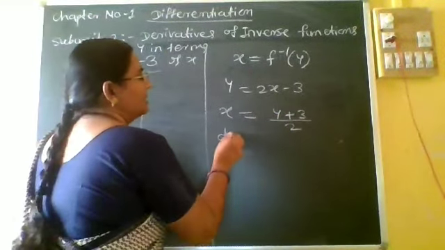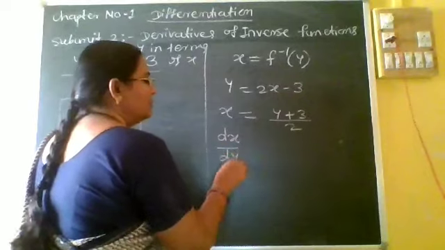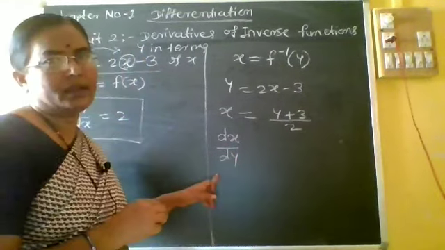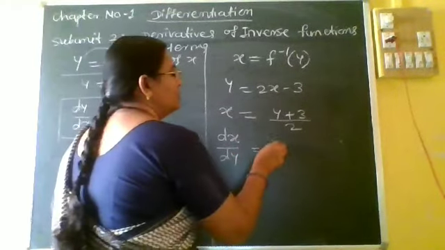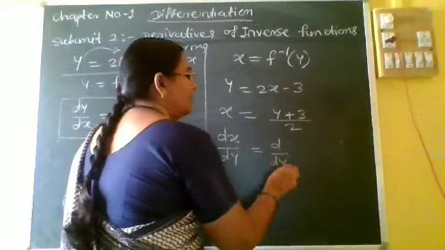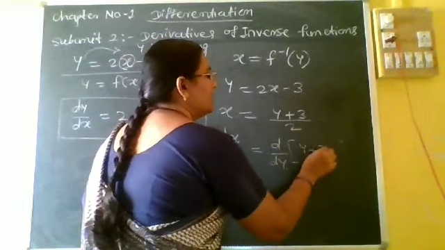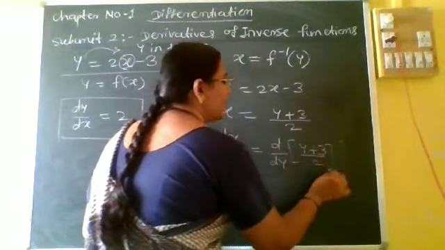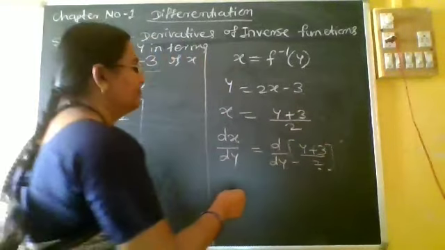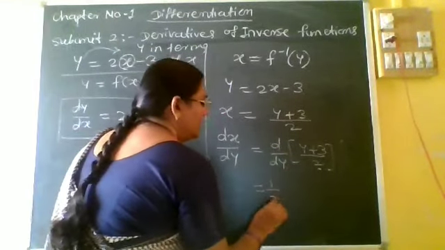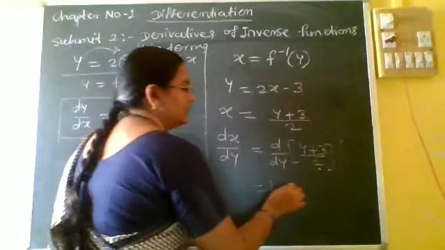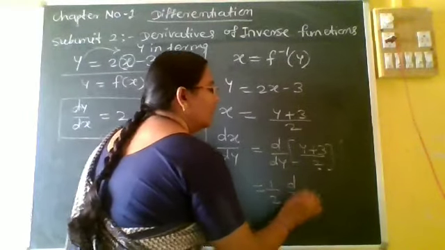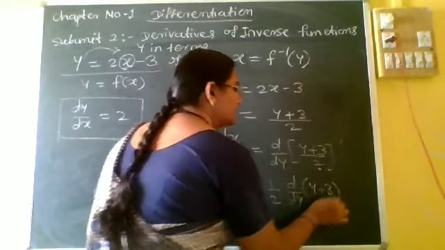Then differentiate with respect to y. dx by dy is equal to d by dy of y plus 3 divided by 2. The 1 by 2 is taken out of the differentiation, that is 1 by 2 into d by dy of y plus 3.